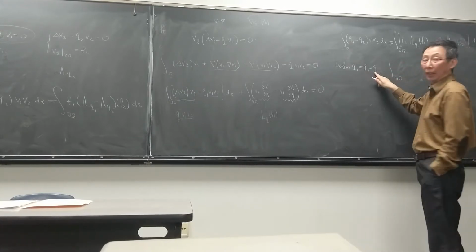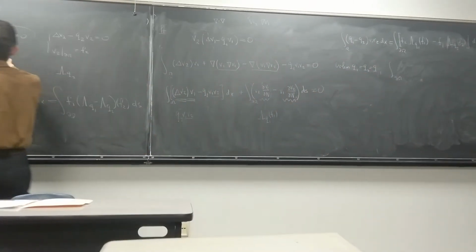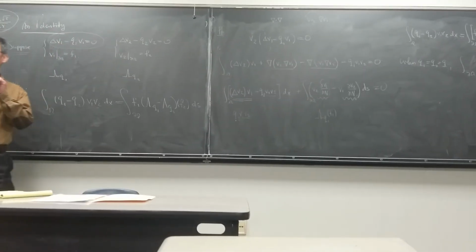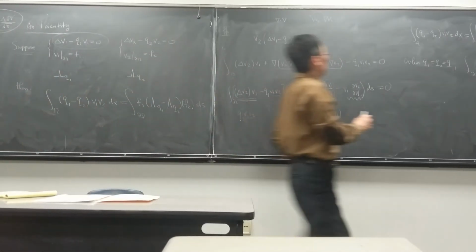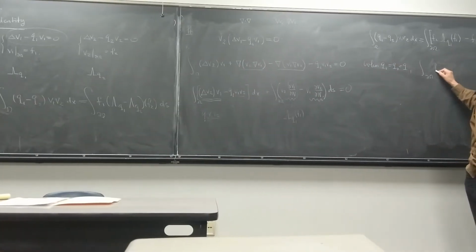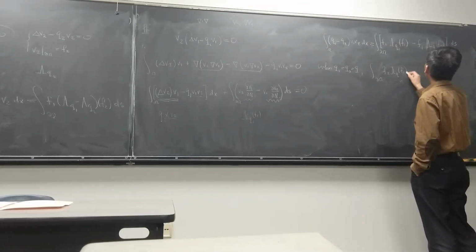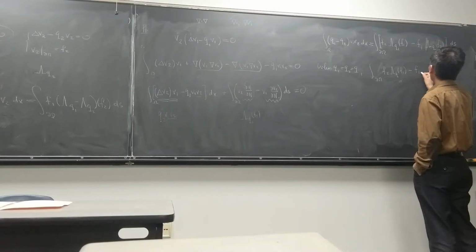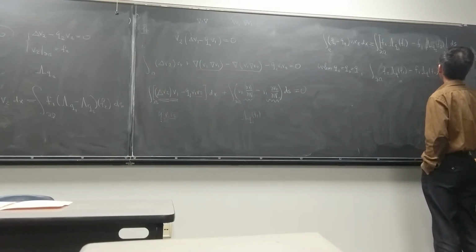Q1 equals Q2, the same equation, but I do not want F1 and F2 to be the same. I consider F1 and F2 to be different boundary functions, okay? Then you can see this will become F2 lambda Q F1 minus F1 lambda Q F2.